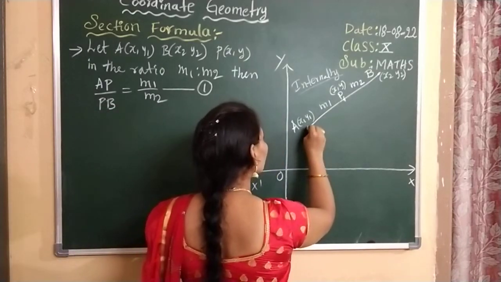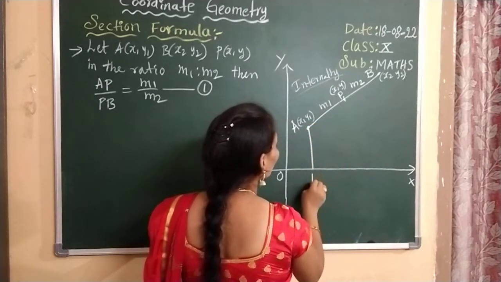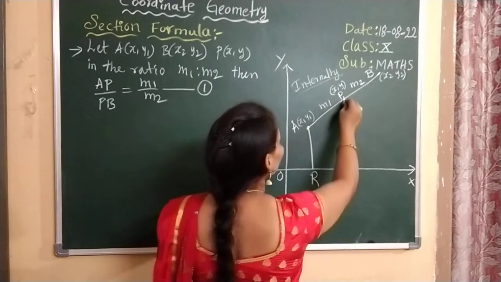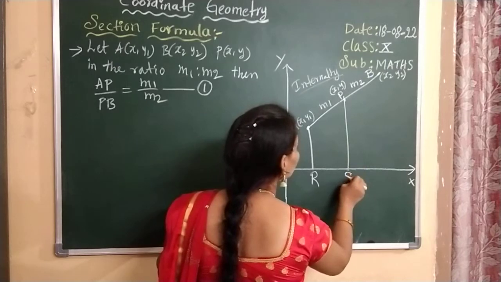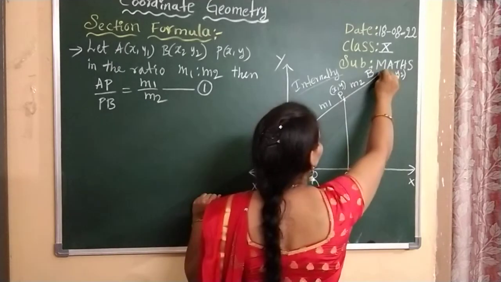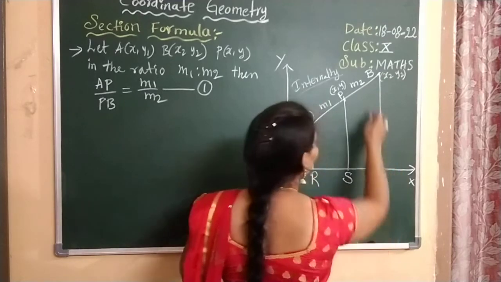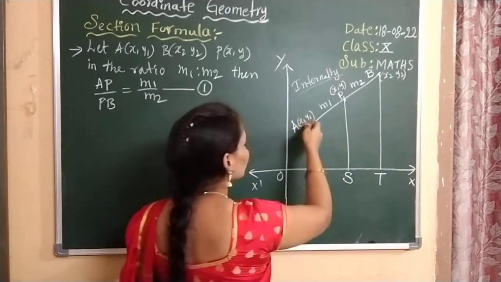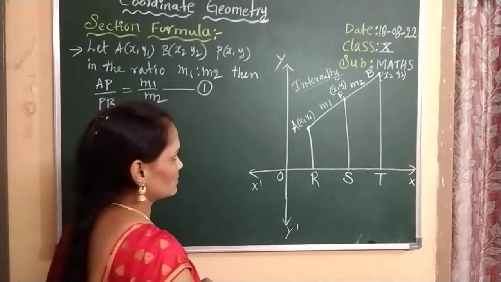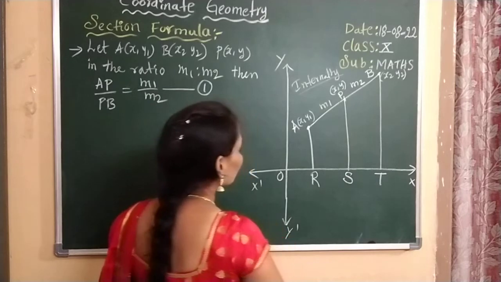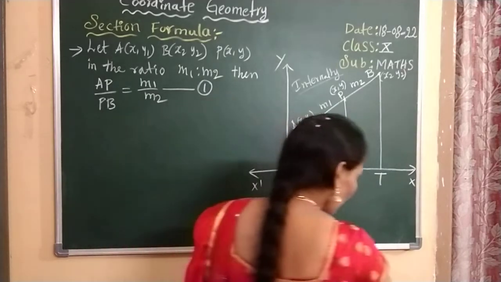Let us draw AR, PS and BT, that is B to T, P to S, A to R, perpendicular to the x-axis. When drawn, let us take OR.